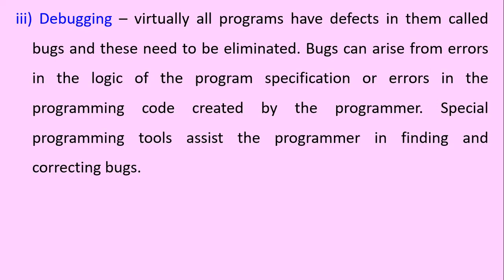Virtually all programs have defects in them, which we call bugs, and these need to be eliminated. Bugs or errors can arise from errors in the logic of the program specification or errors in the programming code created by the programmer. Special programming tools assist the programmer in finding and correcting the bugs.